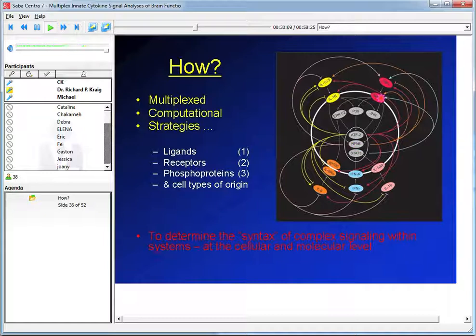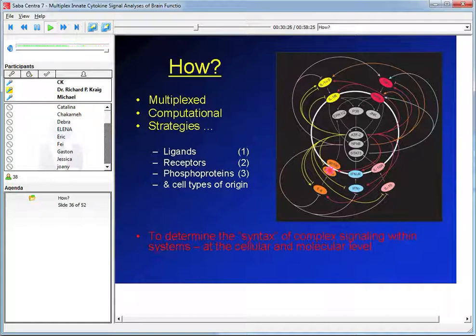TNF-alpha can increase the expression of TNFR1. TNF-alpha can change the expression of IL-6, interferon, receptors, agonists. So this is an interactive system.